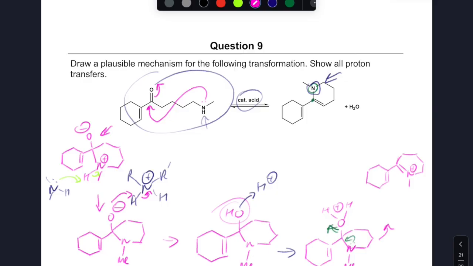So now, in order to finish this, to get to our final product, this center over here has 2 protons on it, and we're going to come back in with our base. Once again, it's either going to be the conjugate base associated with your proton over here. Once again, I'm just going to draw it as the amine.